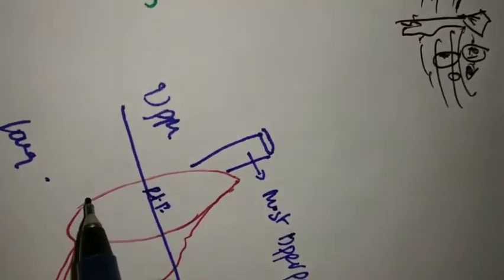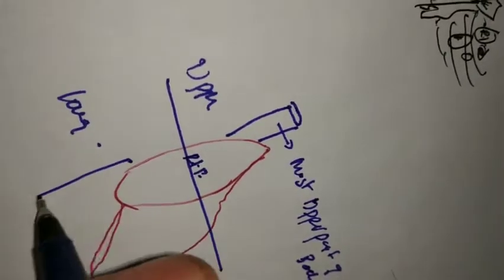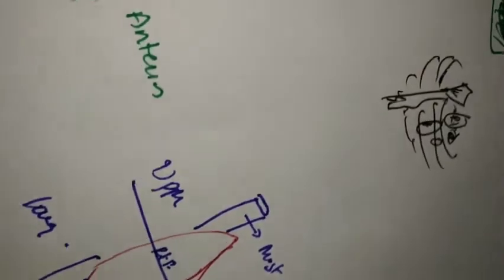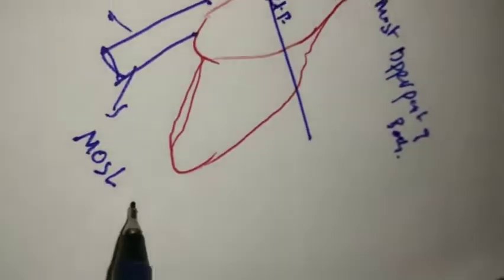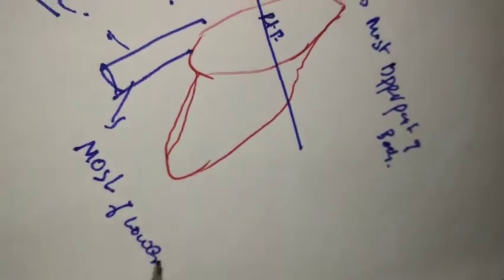And in the lower part, you have the inferior vena cava, and it will drain blood from most of the lower part of the body.